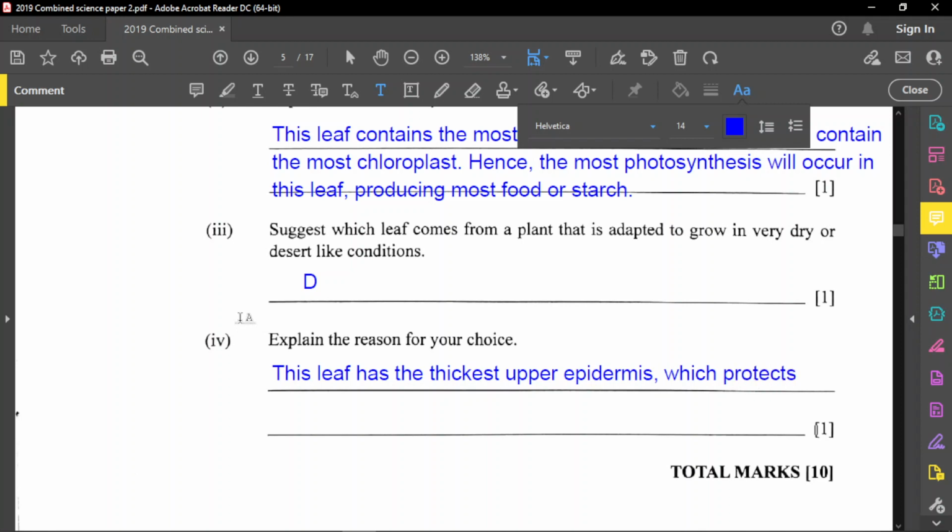In other words, water will be conserved in the leaf itself.